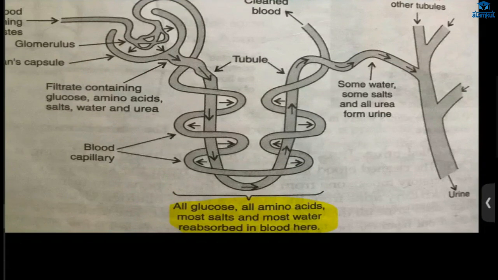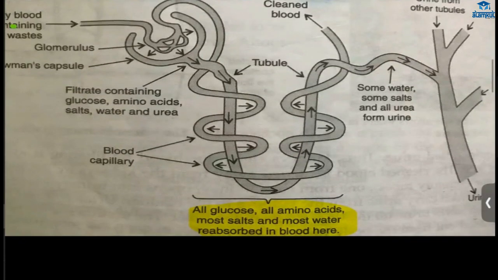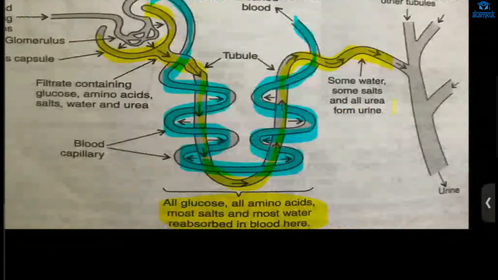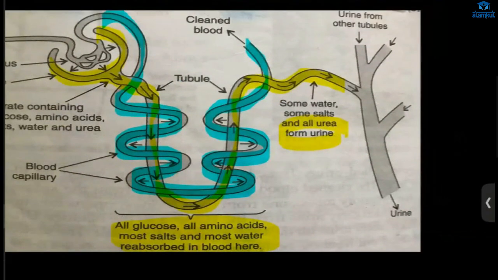If the body has more water, the water reabsorption will be less. If the body has less water, the water reabsorption will be more. The waste joins together and forms urine, and it is collected in the urine collecting duct.